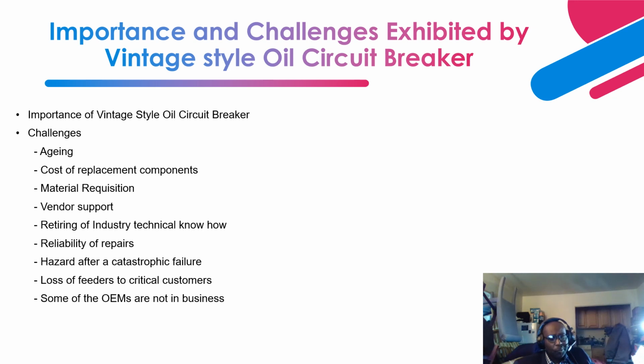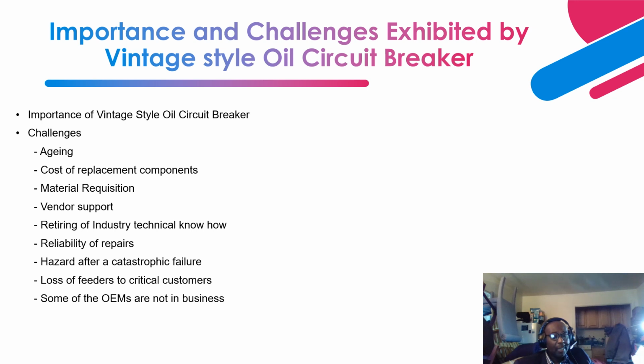So material requisition can be very challenging with these vintage style oil circuit breakers. Then vendor support. Like I indicated, some of the OEMs and manufacturers have gone out of business, and the design drawings and everything are gone. There are other ones that are even in business, but they tell you they don't support it.